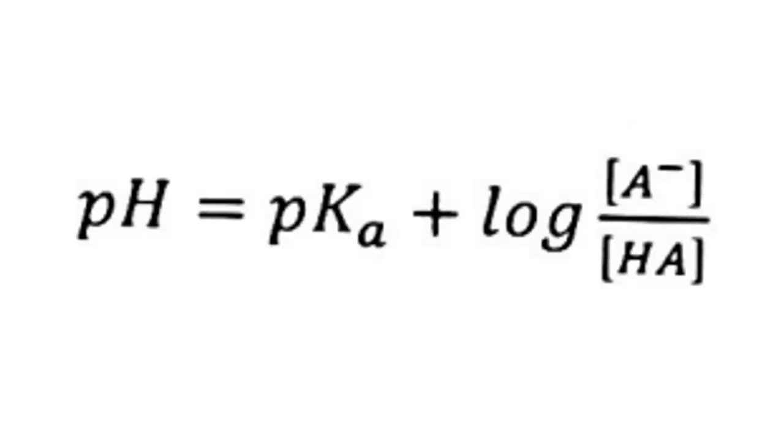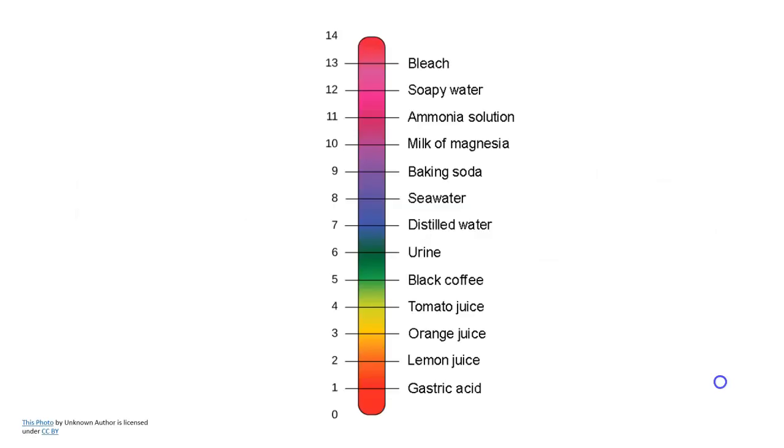As the Henderson-Hasselbalch equation shows, the pH of a buffer is dependent on the pKa value of the acid component of the buffer. Now, buffers have a limited pH range in which they are actually effective. The ratio of base to acid component in the buffer must be between 0.1 and 10. If the ratio is less than 0.1 or greater than 10, the buffer is quote-unquote busted and will not resist changes to pH.